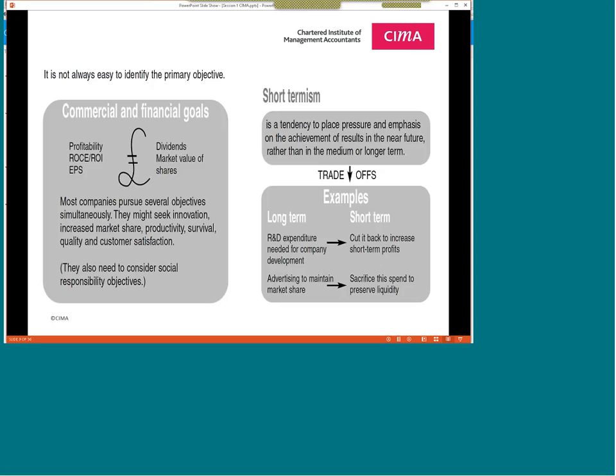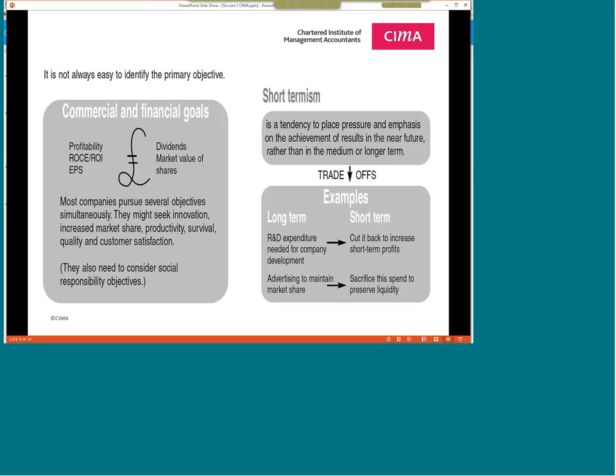So the organization will need to make a trade-off between short-term and long-term goals, especially when creating the short-term goals for a specific year, making sure they are in line with the long-term objectives of the organization, not looking only at that particular year.